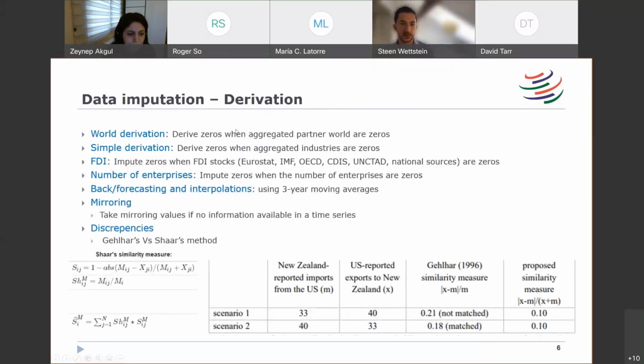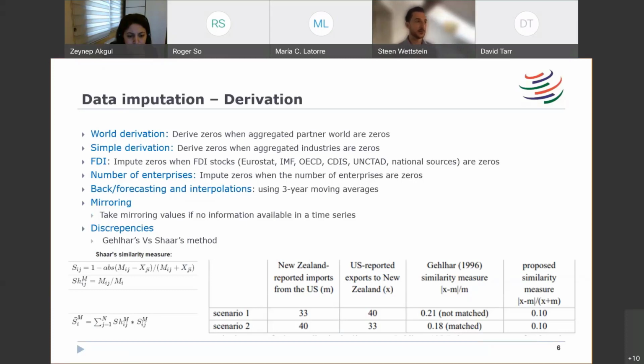And then, maybe the specificity of this data set is that it contains a large number of zeros, especially when we look at it at the three-dimensional FATS data. As you can imagine, when you look country to country, there are lots of zeros that will appear in the data set. So what we can do to derive data as much as possible is to first use the structure of the data sets, and it allows us to identify and fill a lot of missing zeros.